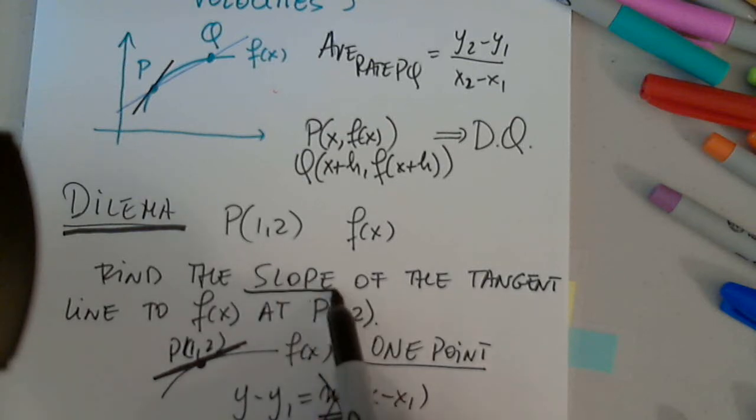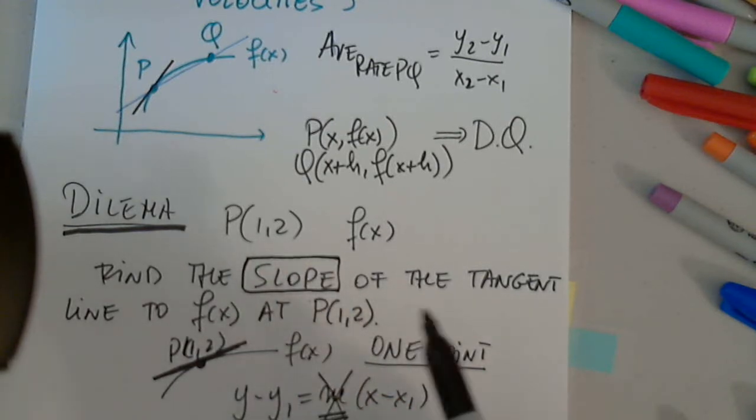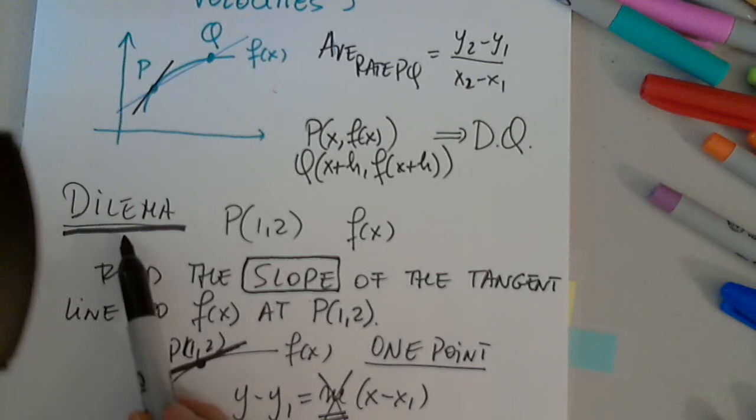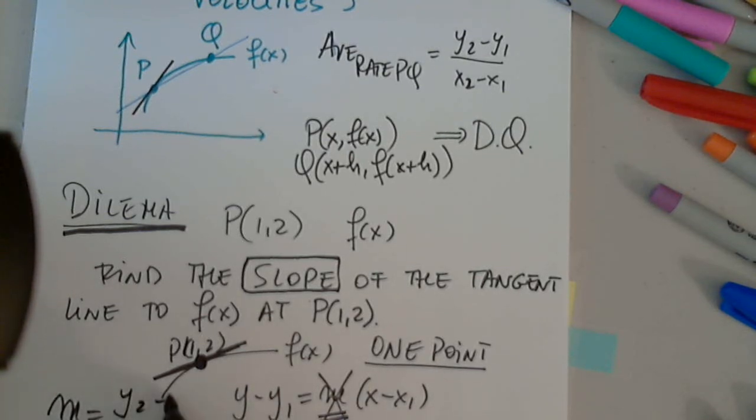But what I'm interested in at this point, we will determine the equation when we get the slope. But the question is, how do I determine the slope? I can't. That's my dilemma. I only have 1 point. And the formula for the slope is y2 minus y1 over x2 minus x1. But I only have 1 point.